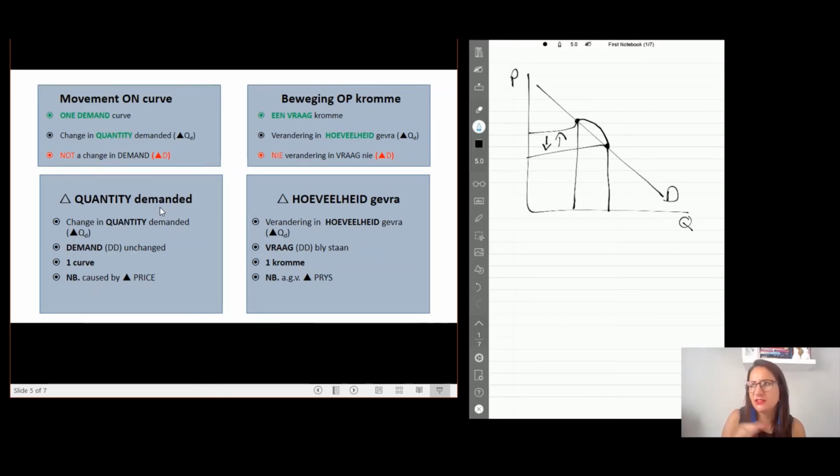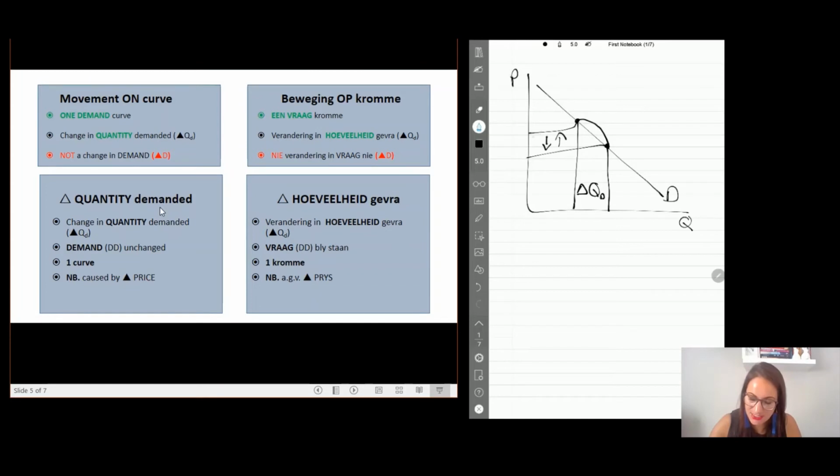There's no additional story behind the question or anything. I just plainly say that the price of tomatoes increased, or the price of berries decreased, or the petrol price is going to increase due to an increase in the oil price. And so just an increase in the price of one product will cause a movement on the curve, which will be reflected by a change in quantity demanded.